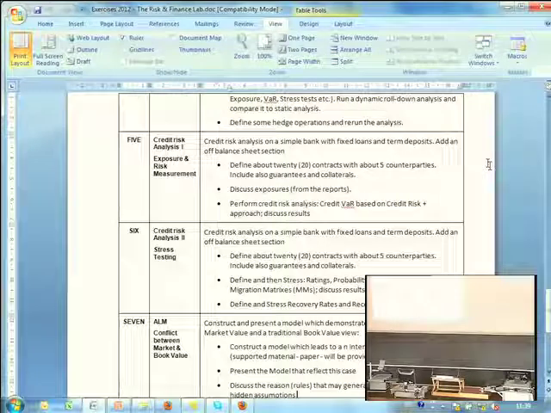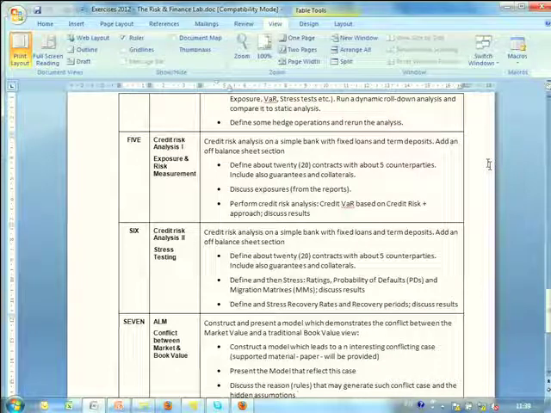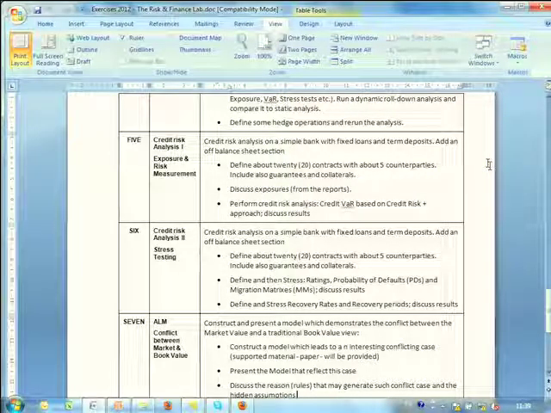Then discuss the consequences when you follow market value signals and book value signals. And also included here is funds transfer pricing, because funds transfer pricing lets you separate the risky income, the market risk dependent income, from the non-market risk dependent income. So these are the 7 tasks from which you can choose.